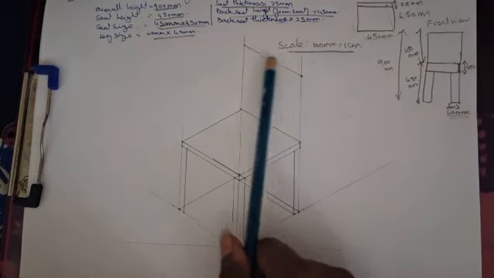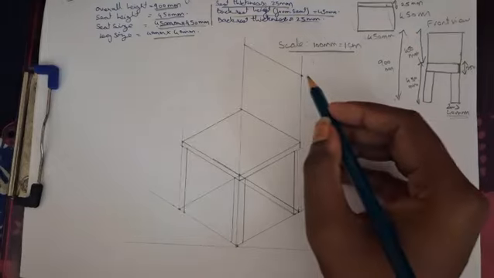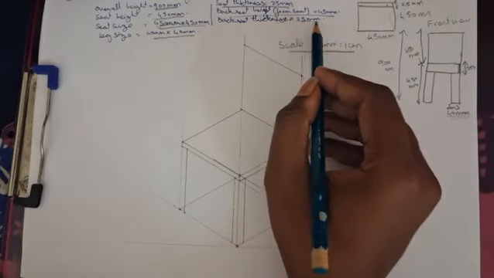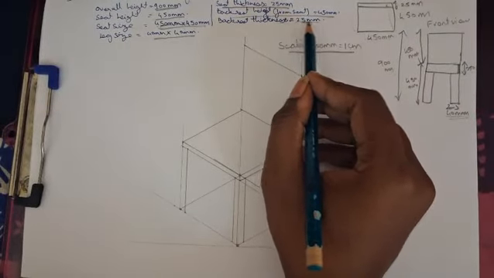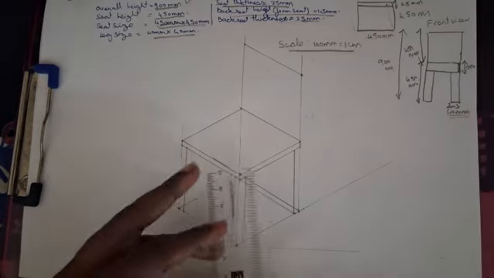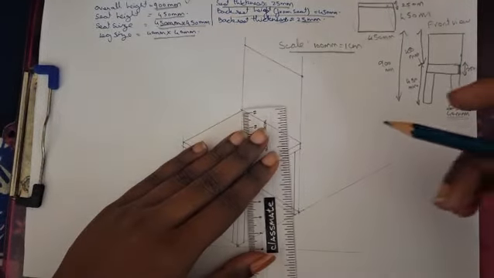Now we have just drawn the backrest, and the thickness of the backrest is 25 mm. Let's draw the 25 mm.